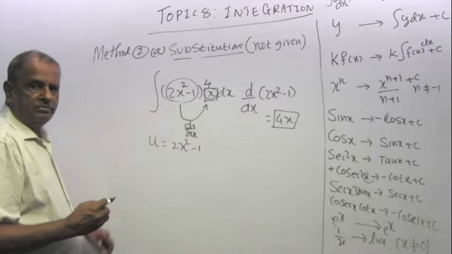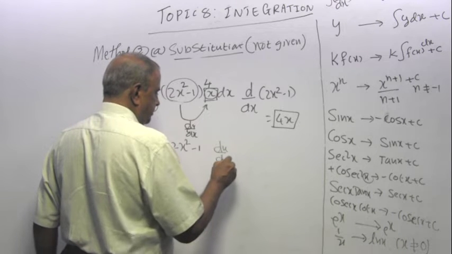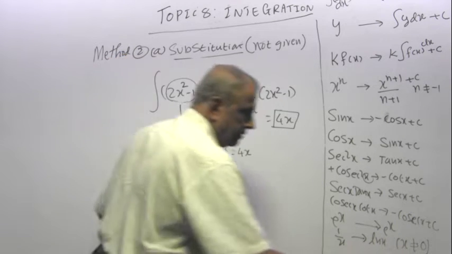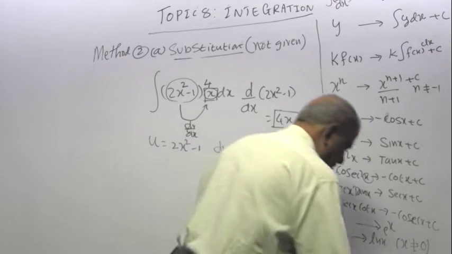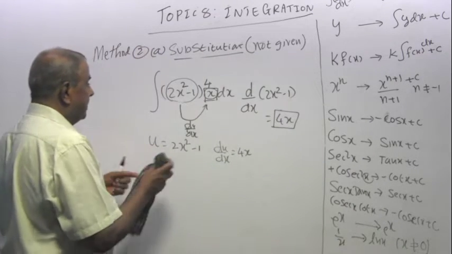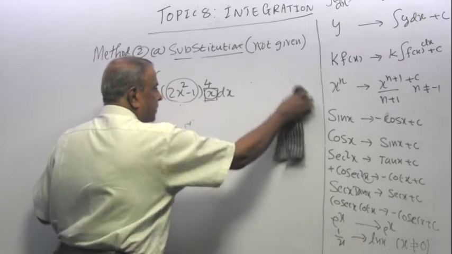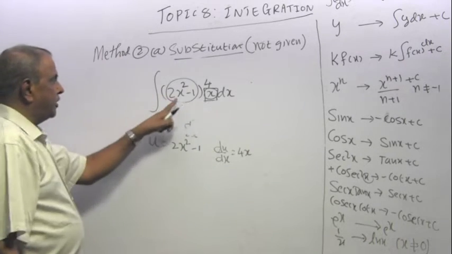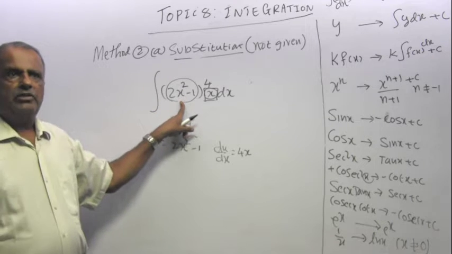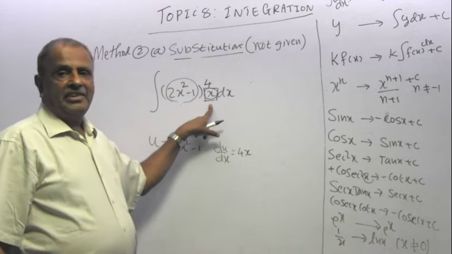What is du by dx? 4x. So in other words, you compare the given question with a standard formula. The function is 2x squared minus 1. When I differentiate 2x squared minus 1, I get 4x, and the question has an x.